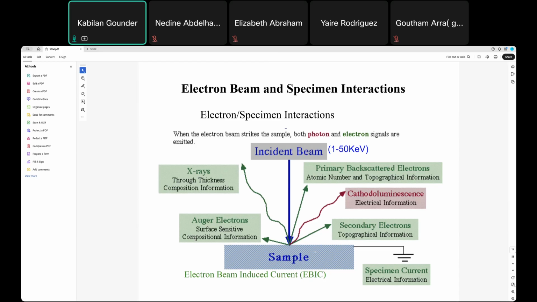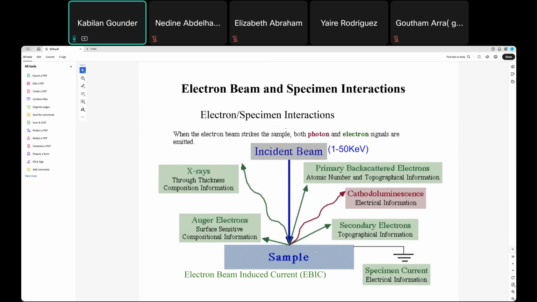If you detect the secondary electrons, you can get topographical information. Cathodoluminescence gives you detailed electrical information of the sample. Auger electrons are surface sensitive, and you also get compositional information. The X-ray signal, through the thickness, gives you the composition information of the sample.